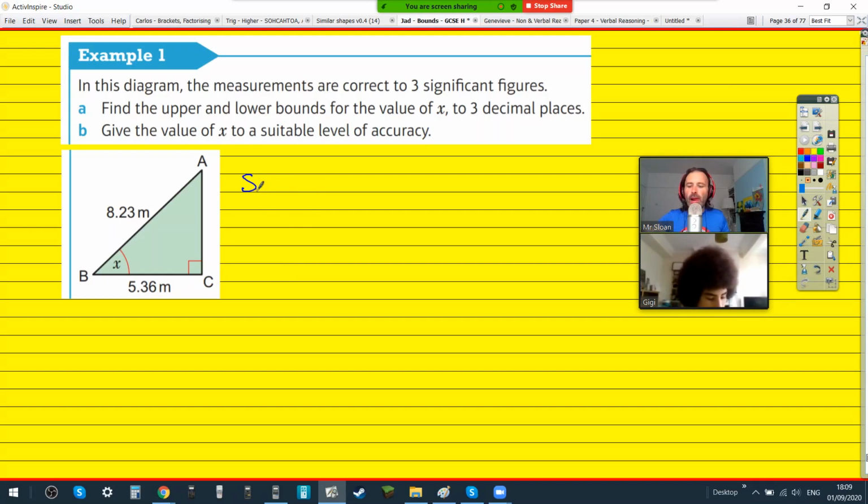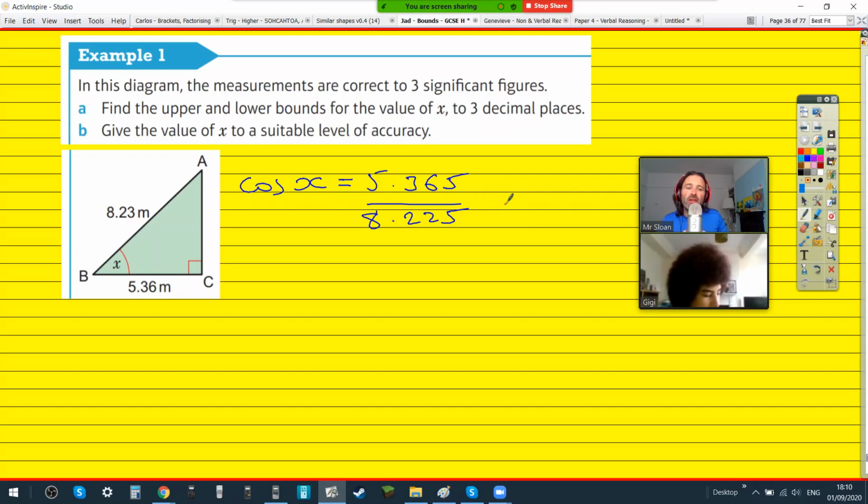No, it's cosine x. 5.365 over 8.225. Yep. It's the upper bound.